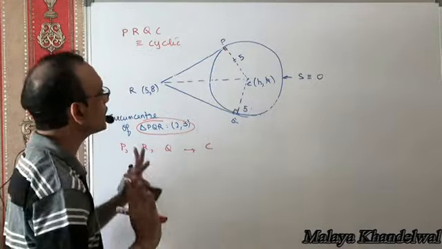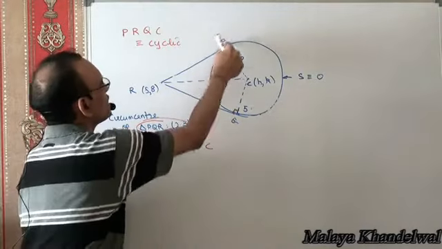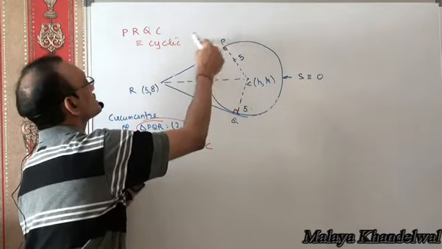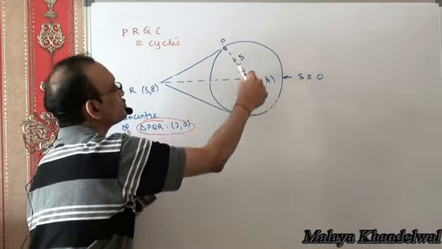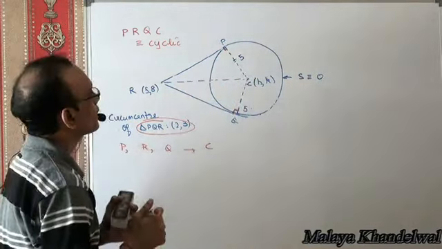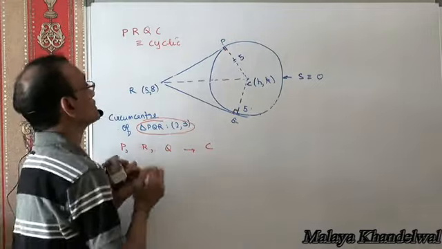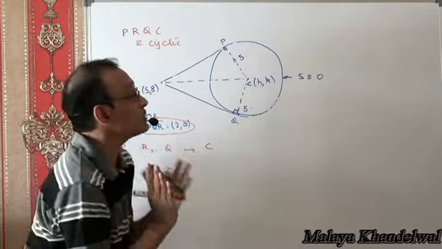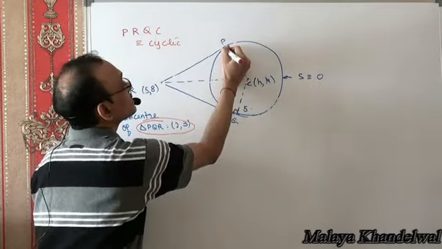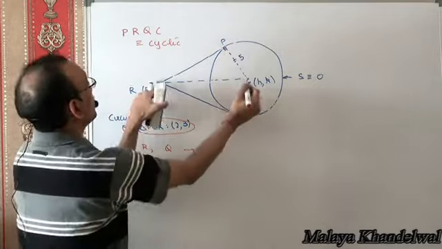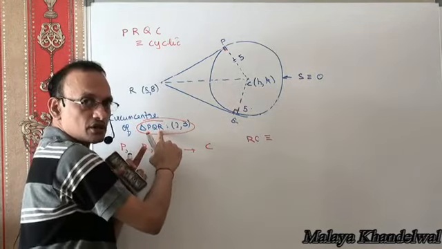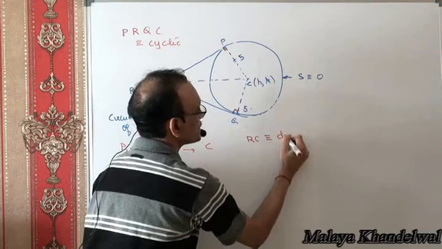Good. So it's not just P, Q and R that the circle passes through; the circle circumscribing PRQ also passes through C. Now the center of that circle must lie where? Realize that this is 90 degrees, so this must be an angle in a semicircle. So RC must be the diameter of the circle of PQR.